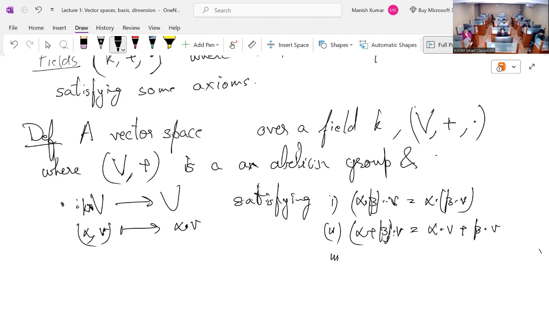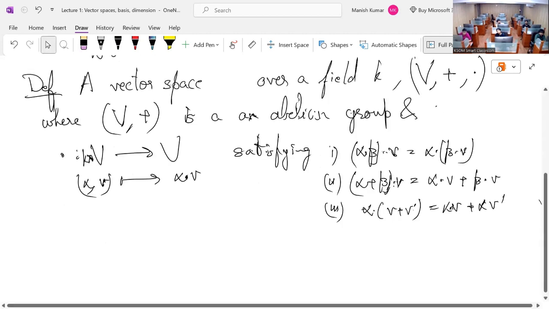And then the other distributive law: alpha times v plus v prime is alpha v plus alpha v prime.